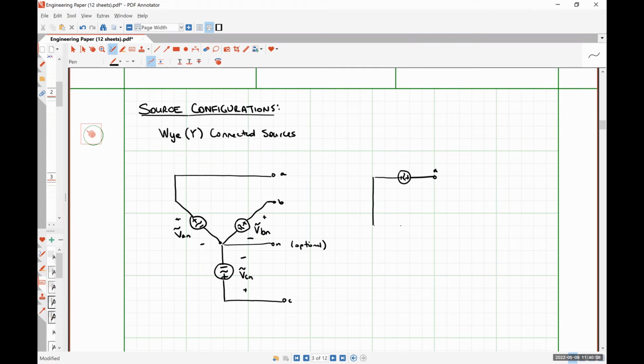Here's A. Here's B. Here's C. Here's N. So this is our voltage VAN, VBN, VCN.